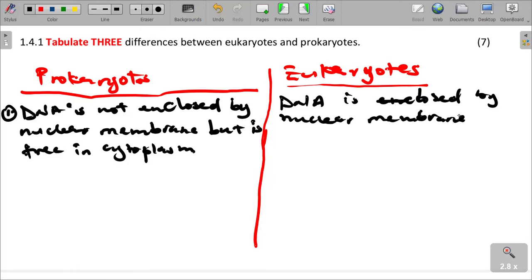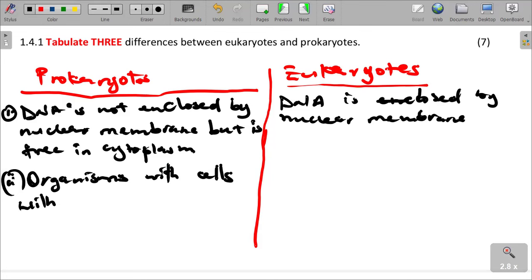And then the other difference is that the prokaryotes are organisms with cells with no true nuclei. They don't have a true nucleus.